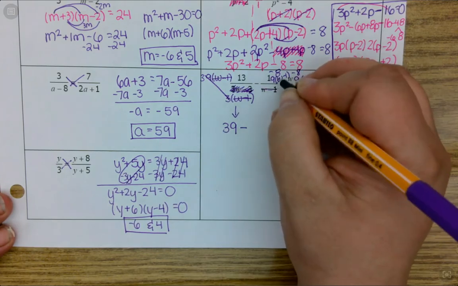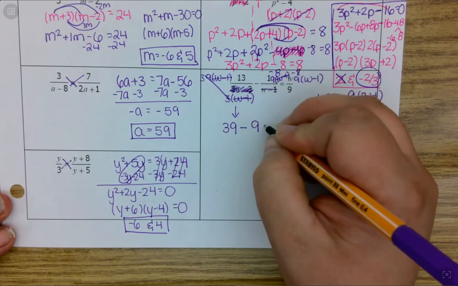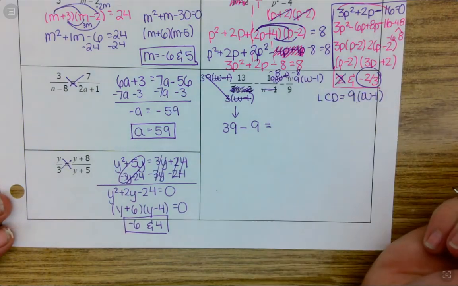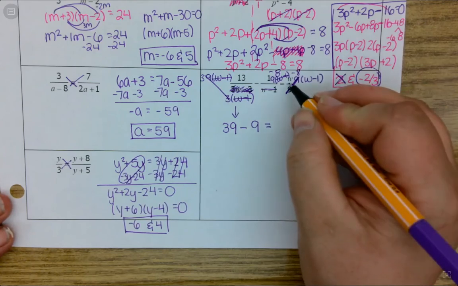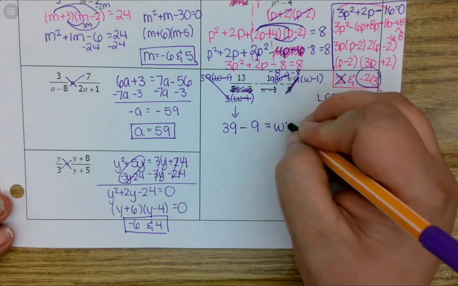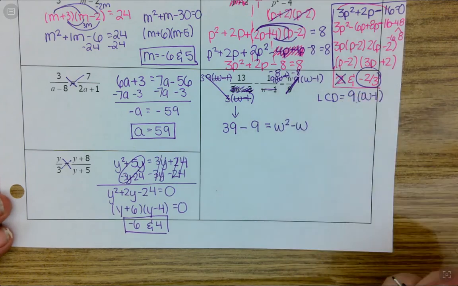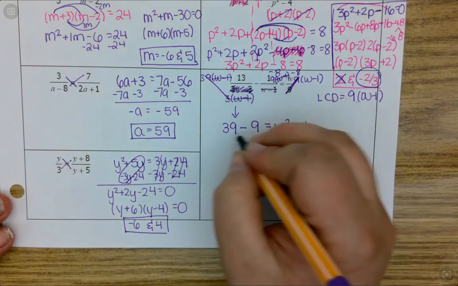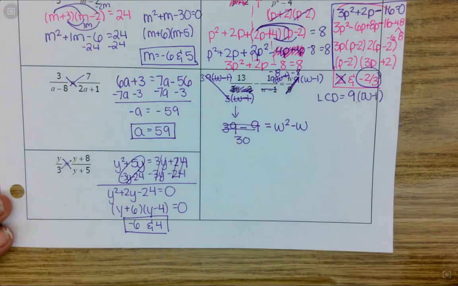My w minus 1's cancel. I have 1 times 9, which is 9. Equals. My 9's cancel. w times w is w squared. w times -1 is -w. This is actually 30, 39 minus 9.